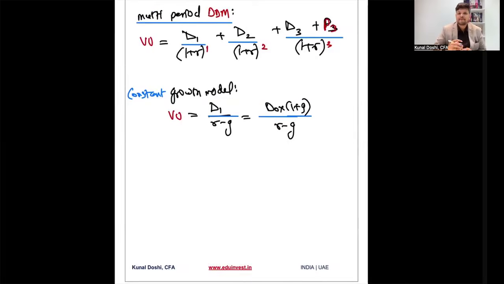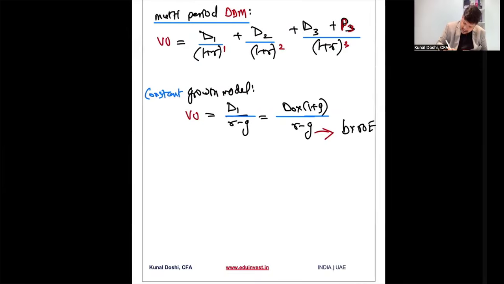Clear? So we all know how to derive D0. R is derived using CAPM, and G we already know. G uses which formula? Growth is retention into ROE. All good, everyone?